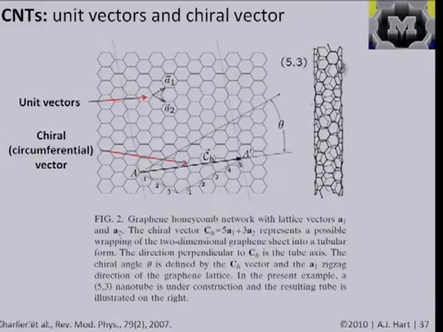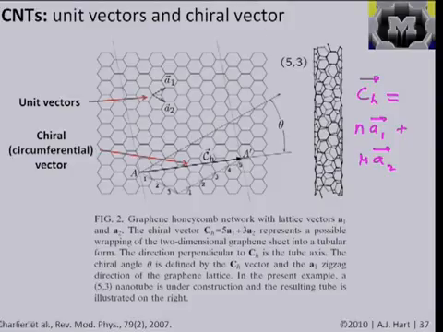And that's a 5,3 nanotube. So then we can say that this vector C sub h is equal to n times A1 plus m times A2.